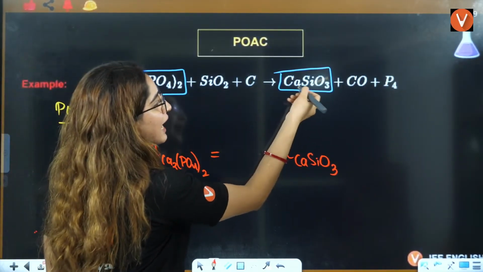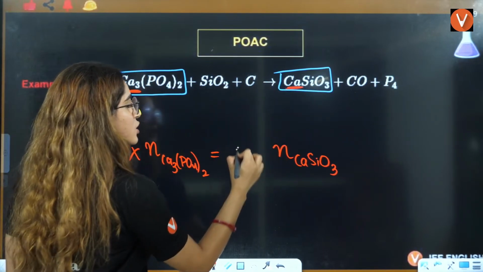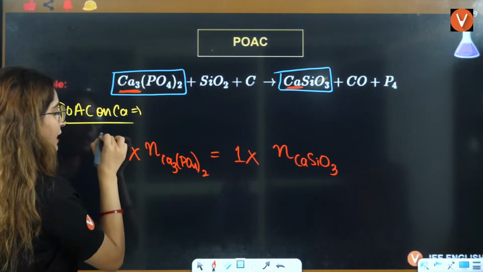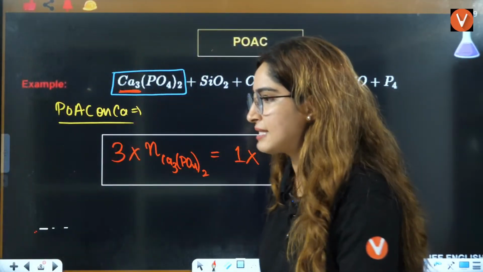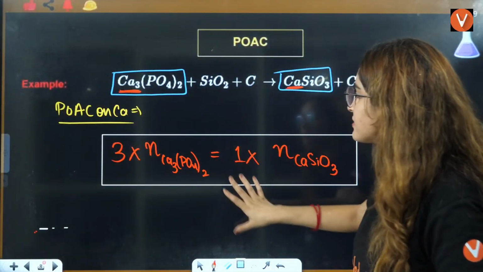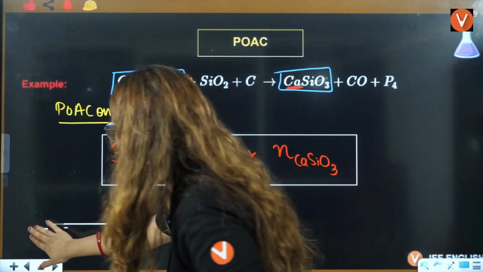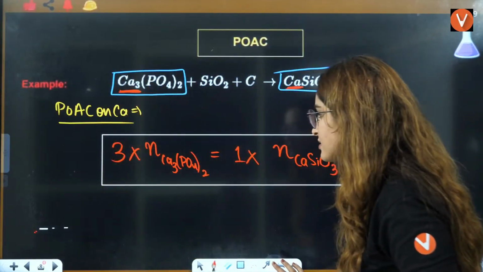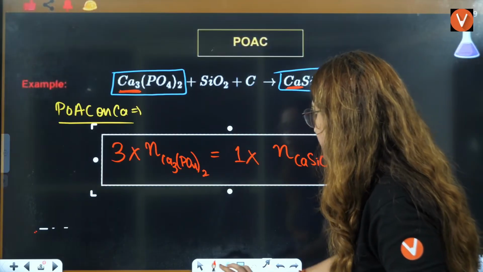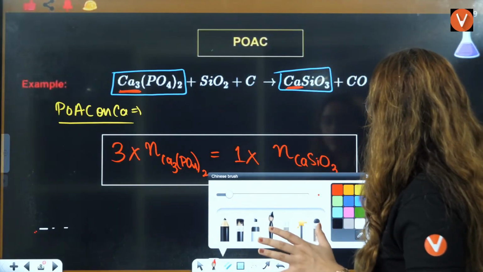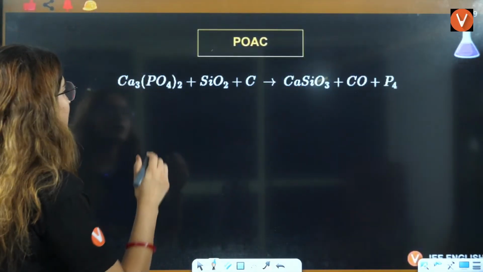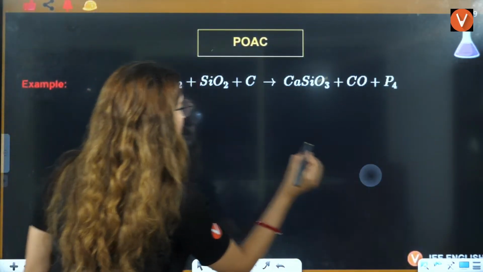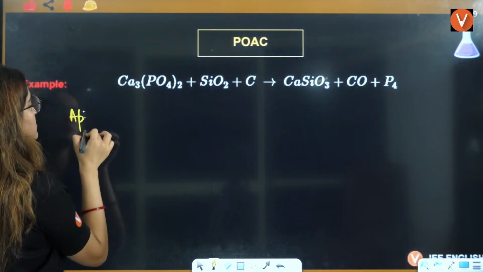In this, how many atoms of calcium are there? 1, so it will be multiplied by 1, and this is the answer for POAC. Let me know in the chat box, guys, if that is clear to all of you or not. But will you be able to apply POAC? That is so simple. Now let's apply POAC on phosphorus.